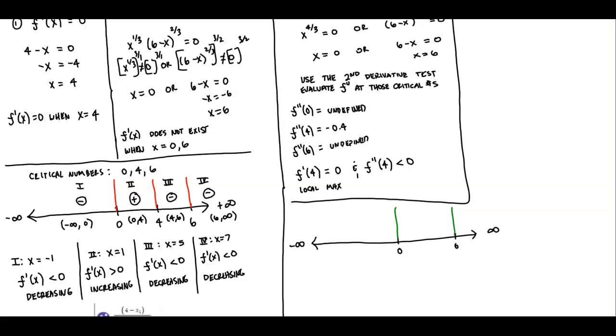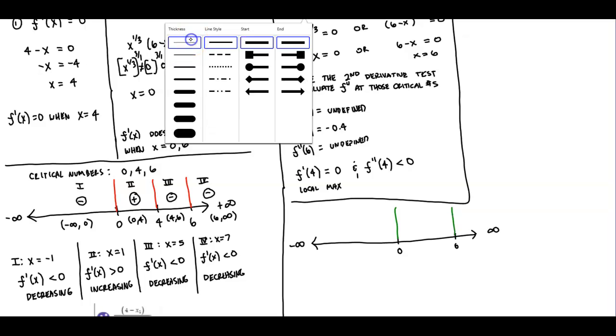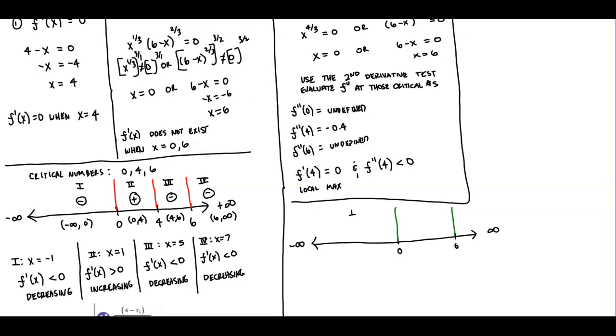So here we have 3 regions. Region 1, region 2, and then region 3. For region 1, we can pick x to be -1. Region 2, we can pick x to be +1. And then region 3, we can pick x to be 7.